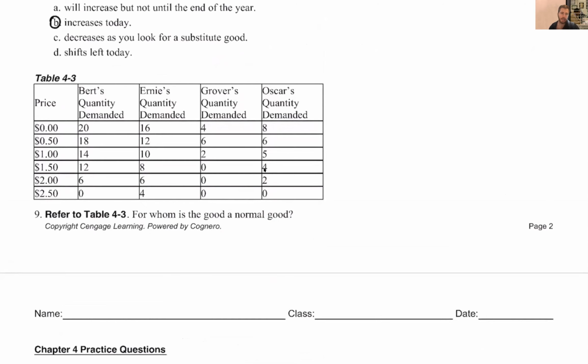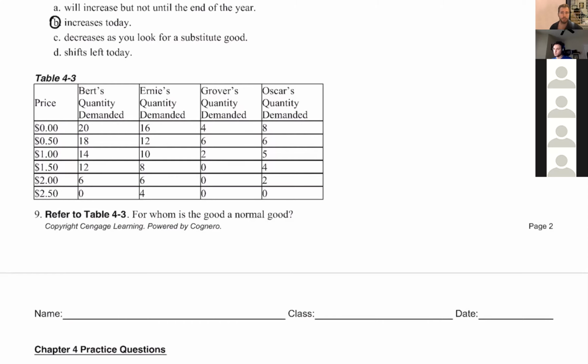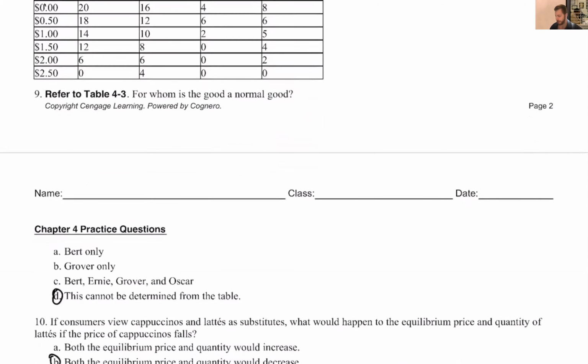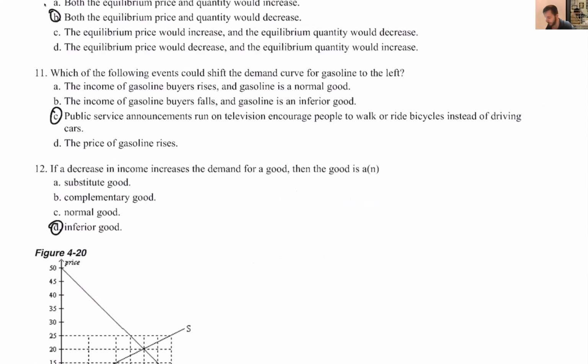Econ textbooks use ramen as the perfect example. Poor college kids eat a lot of ramen, but once they grow up there's no more ramen because their income increases. A normal good is the opposite: if your income increases, you buy more of it. But this tells us nothing about the individual's incomes. So that's why D is the answer.